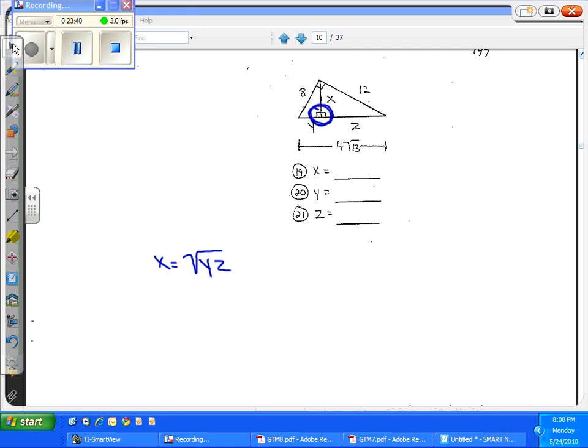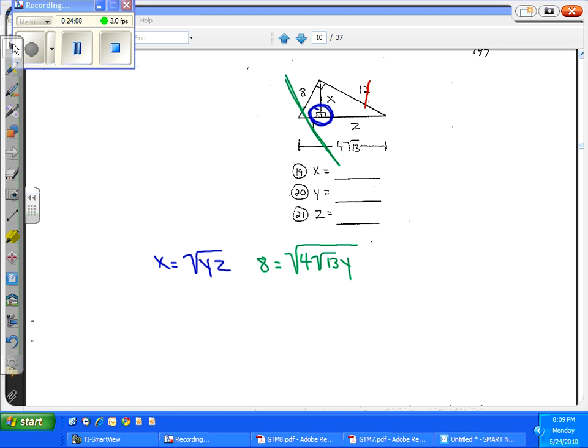Either leg is the geometric mean between the hypotenuse and the piece of the hypotenuse adjacent to that leg. So leg 8 is equal to the square root of hypotenuse 4 square root 13 and that piece closest to it, y. So 8 is equal to the square root of 4 square root of 13 times y.